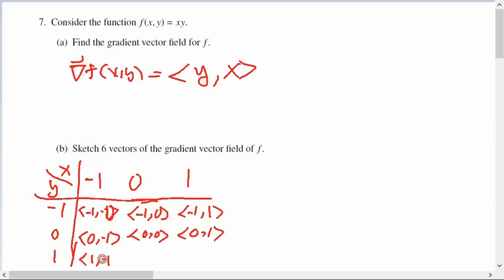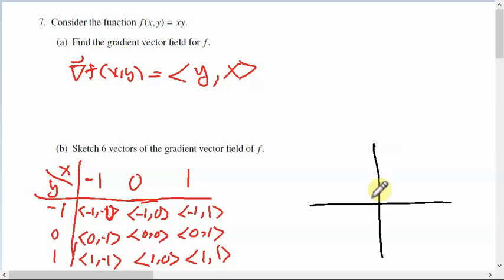This is going to be 1, -1, then 1, 0, and 1, 1. So if I want to plot that vector field, just at least those 9, here's kind of the grid that I'm using. You can stop there, but I'm going to go ahead and do 9 of them.